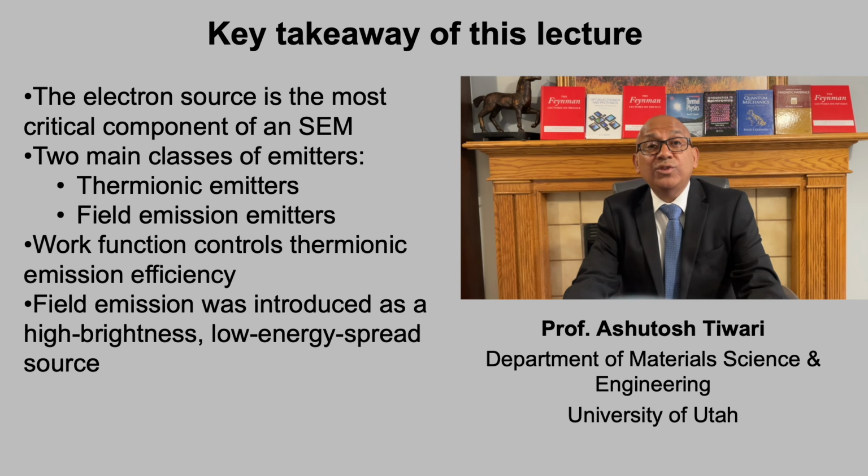We then introduced field emission sources at a conceptual level and highlighted why they provide much higher brightness and better beam quality than thermionic emitters. In the next lecture, we will focus specifically on the physics of field emission, including the role of strong electric fields, quantum tunneling, and the different types of field emission guns used in modern SEMs.